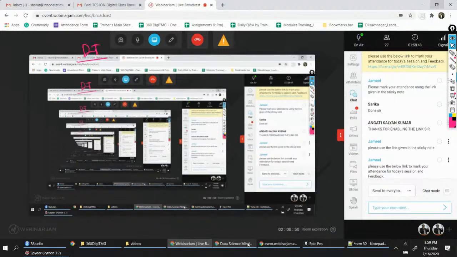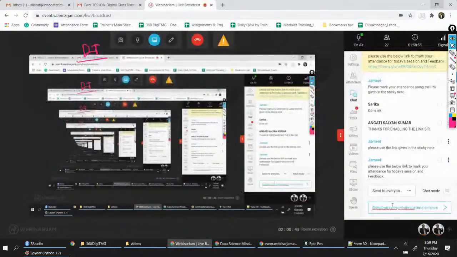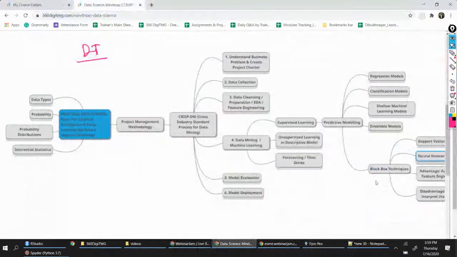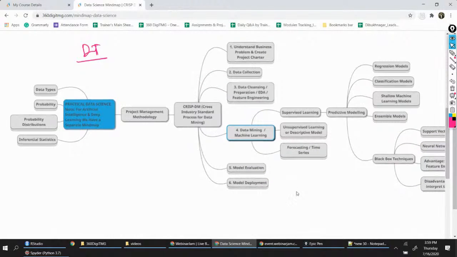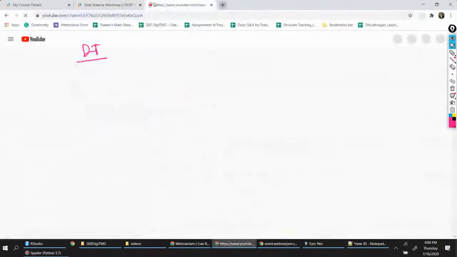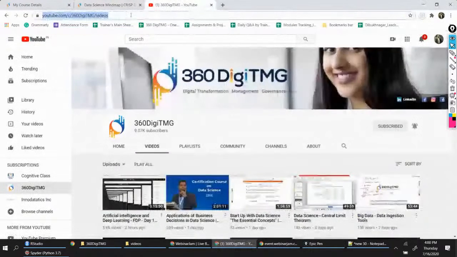Okay, once again, please make sure you're using this mind map. You can share it across to your close associates as well. It will serve as a very good reference for people who are trying to learn the data science concepts, which will also include machine learning. And if you wish to go through a few of the concepts again, then you can always refer to this YouTube channel, friends.